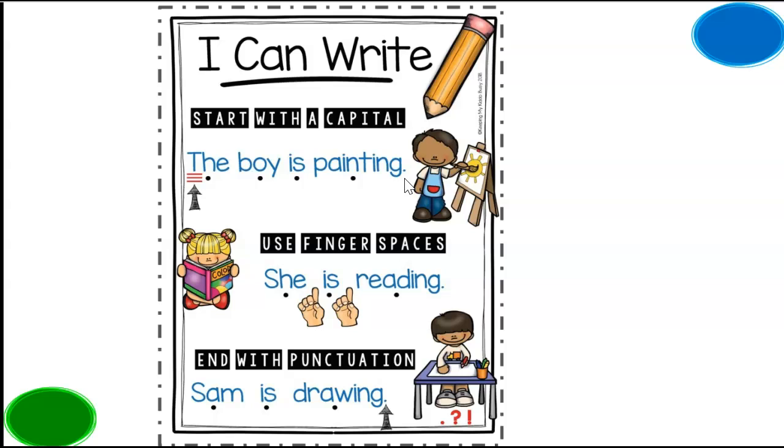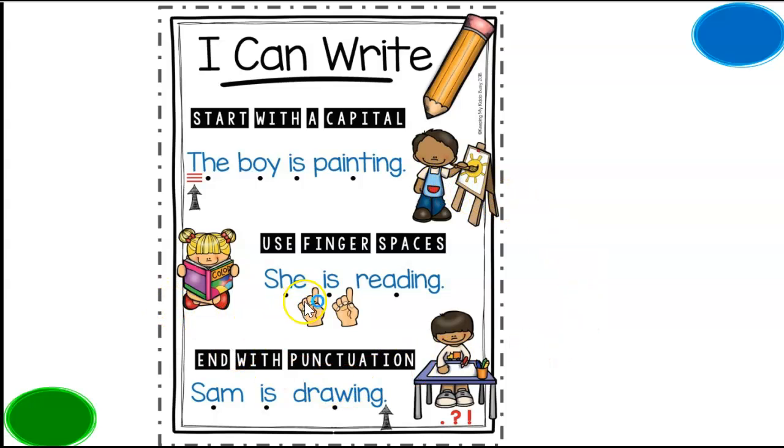Like Mrs. Pluta. The M in Mrs. would be capitalized. Notice we can read this sentence. The capital T shows us that this is the beginning of the sentence. The boy is painting. And there's a picture of a boy painting.